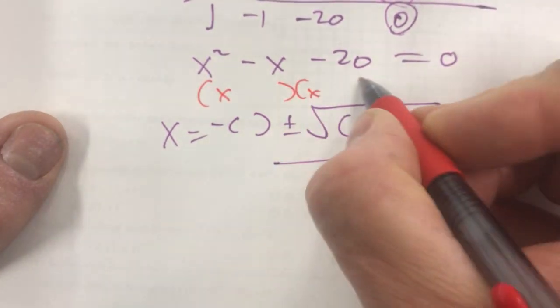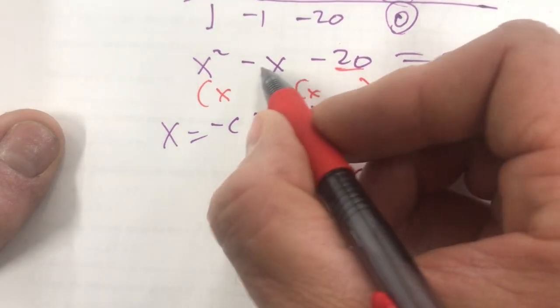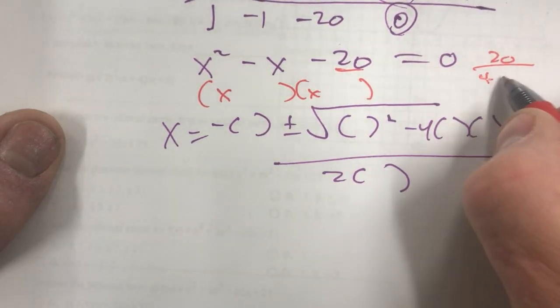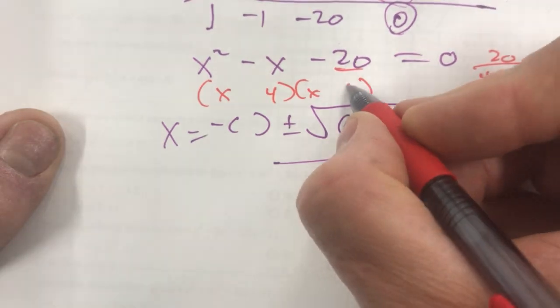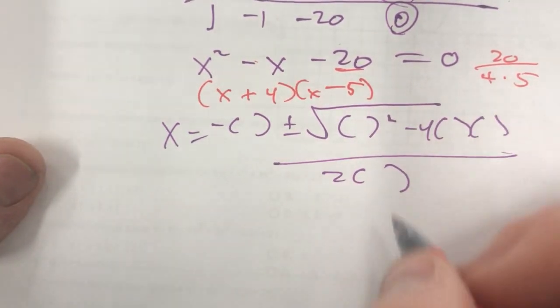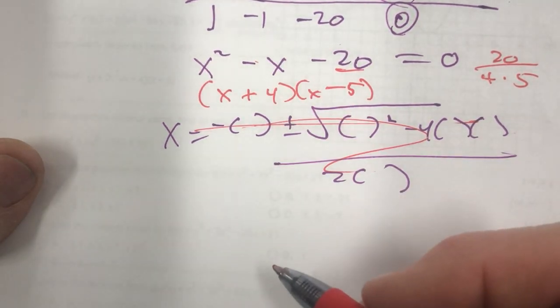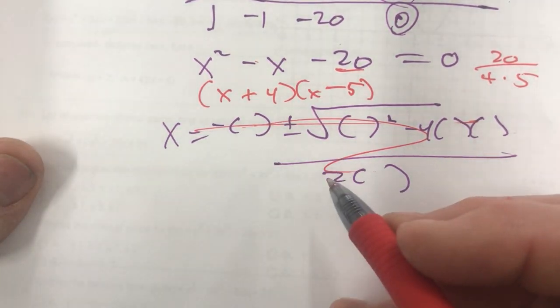X, and the two numbers that multiply to 20 and subtract to get 1 would be 4 and 5. This goes to the big one, it's plus, so there's those two factors right there. So I didn't really have to do the quadratic formula, I could have just factored that.